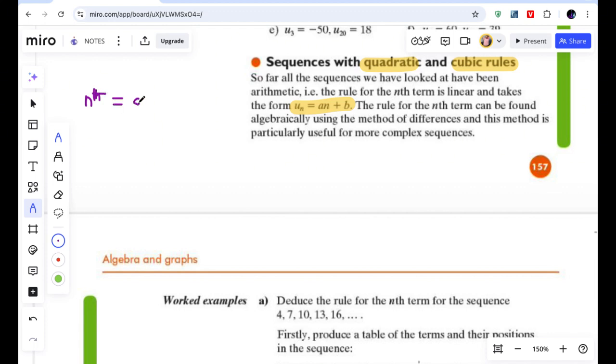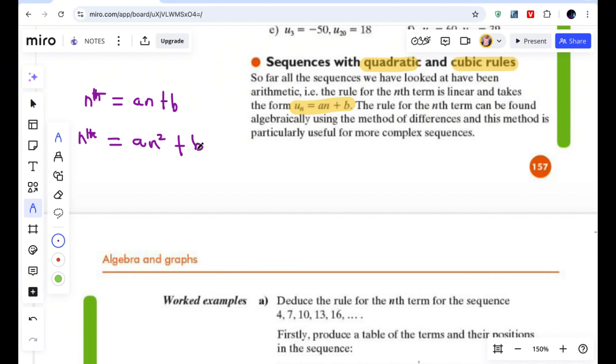Now, what about quadratic sequence? How do we write the function for the quadratic sequence? For a quadratic sequence, the nth term is given as an square plus bn plus c.